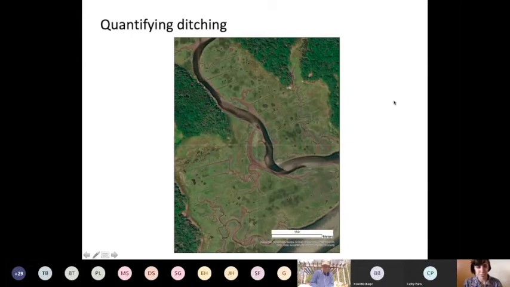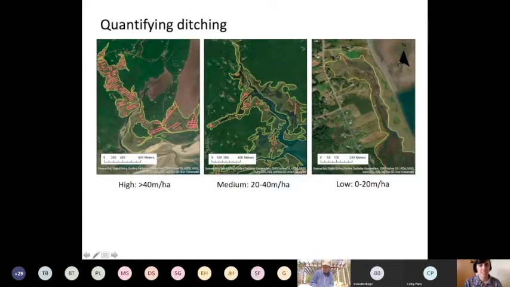It didn't work, but that's a different story. So having digitized these, I was able to calculate the density of ditching in each of my sites in meters per hectare. And I then lumped the marshes into 3 categories, high, medium, and low, for easy scoring.